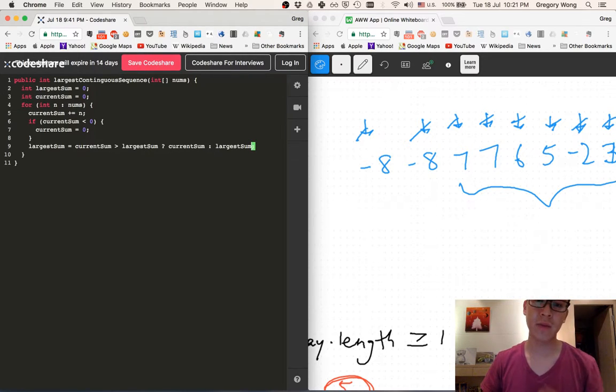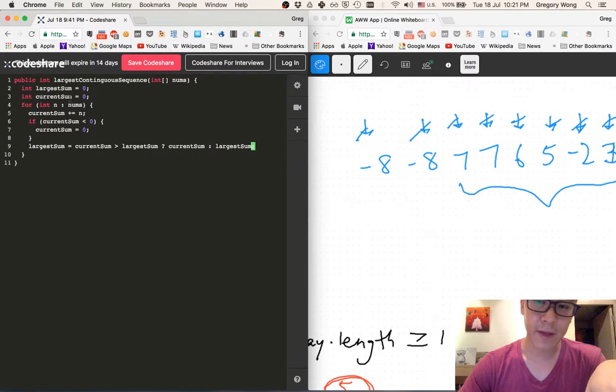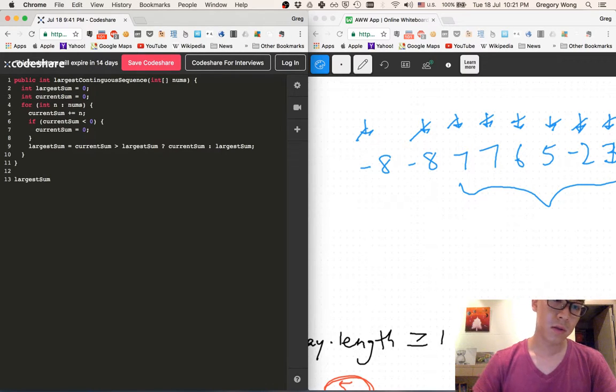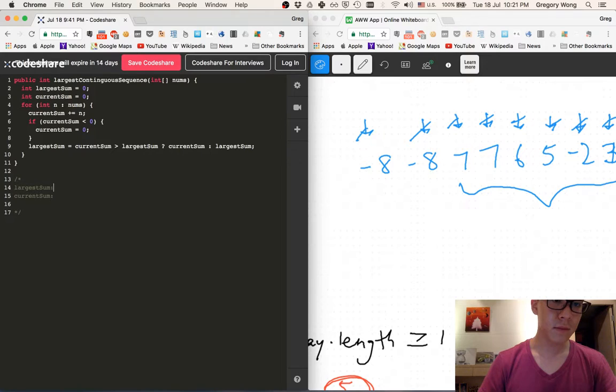Okay, I feel like maybe I'm missing something, but I'm going to step through it anyway. So starting at -8, let's say largest sum, current sum, -8.